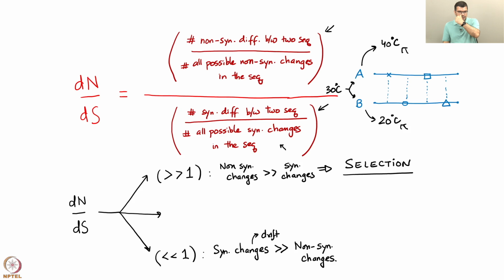We saw that the probability of a mutation fixing by drift is 1 upon N, which in microbial populations is really small, because N is typically a very large number. Despite that, synonymous changes are fixing much more frequently as compared to non-synonymous changes.